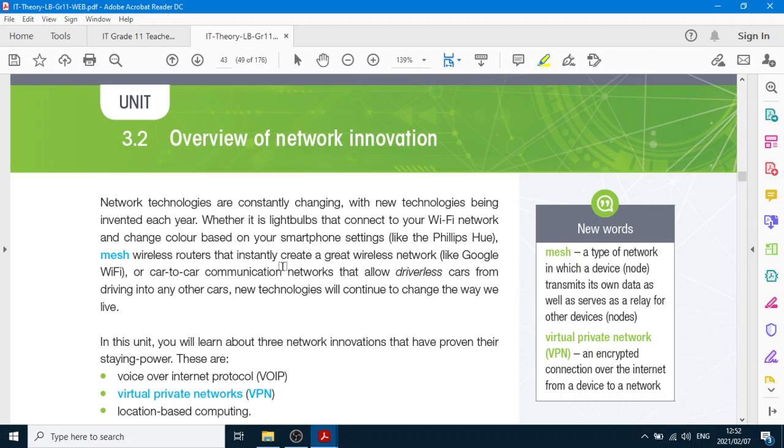I spoke about that earlier at the beginning, but Google Wi-Fi and mesh wireless routers that instantly create great wireless networks like Google Wi-Fi, or car-to-car communication networks, driverless cars. These are all new technologies.